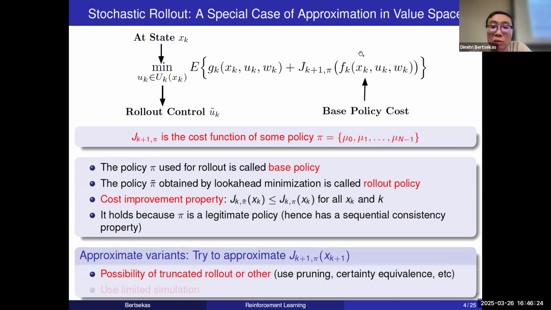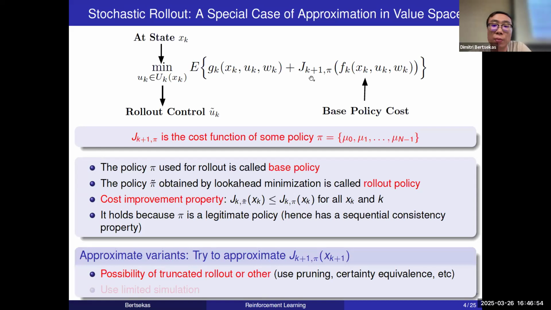What makes it worse is that this term typically is not given as a closed form formula that you can just plug in and calculate, but instead it is approximated most of the time using a simulator, which means you need to run a lot of simulations using the base policy and average them in order to calculate this value.